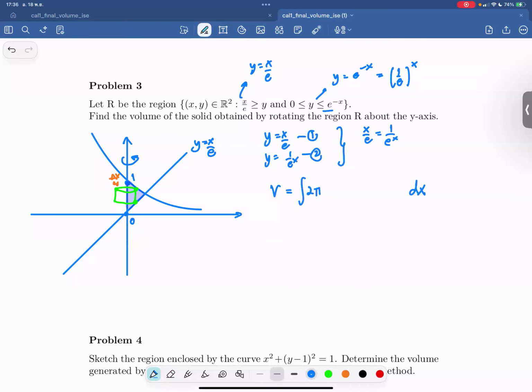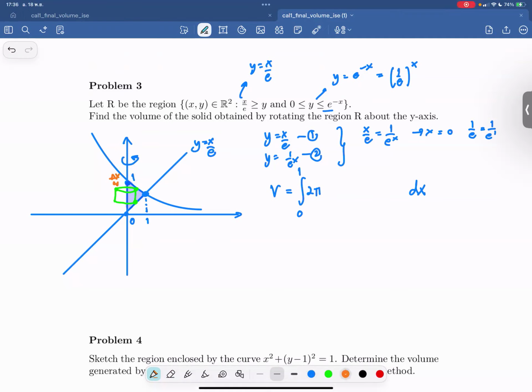So you may see that if we put x equal to 1, this will make the equation true, right? Because 1 over e is equal to 1 over e power 1. So this point should be 1. So the boundary of the integral is 0 to 1.